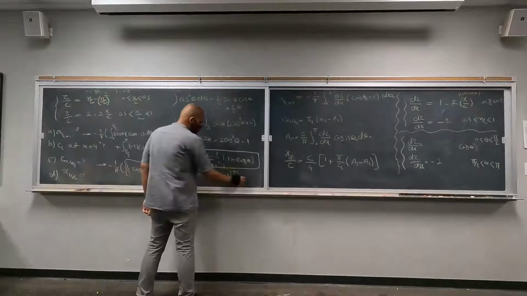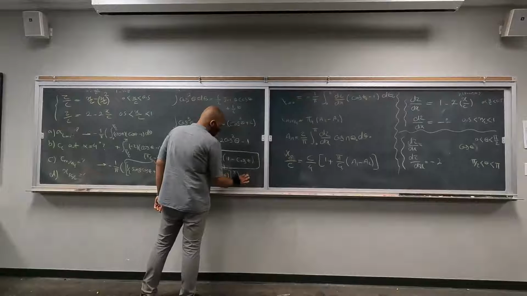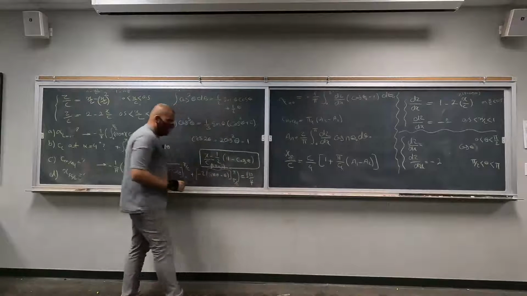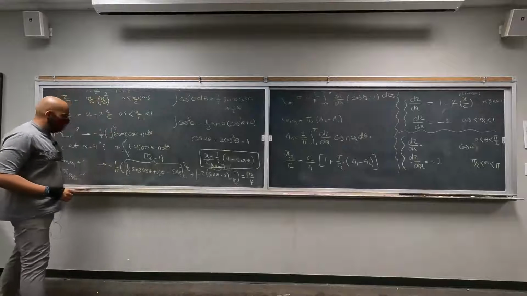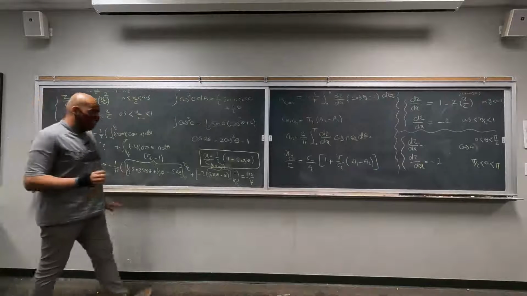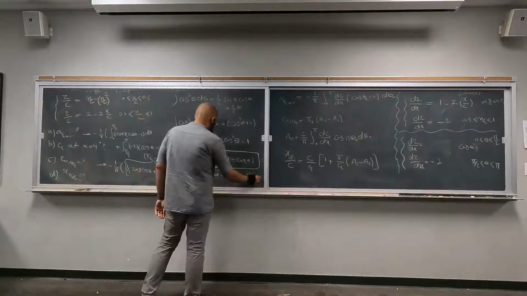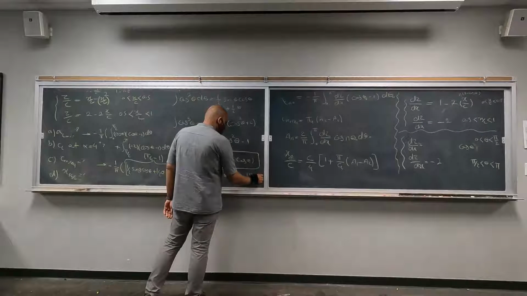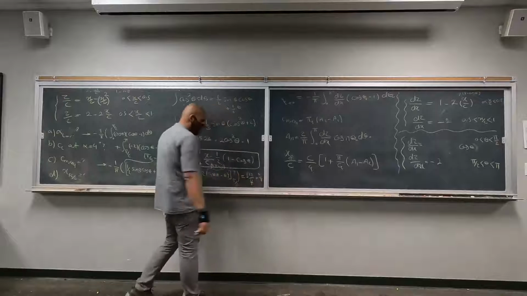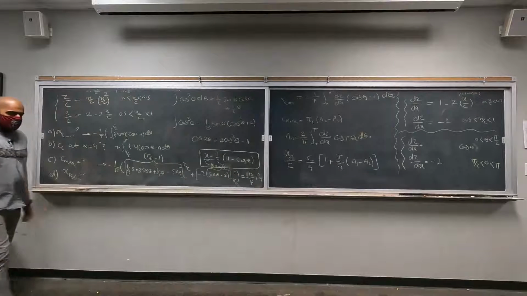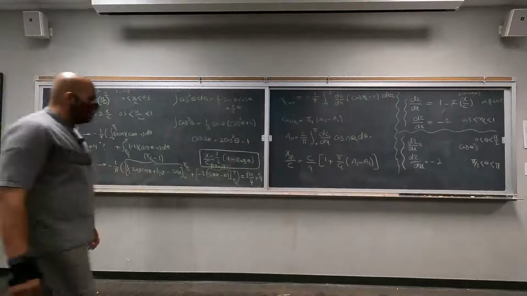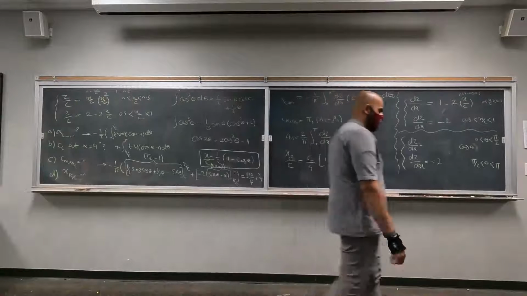Your alpha, your zeroth angle of attack, is going to be negative 13 over 4 plus 3 over pi. That will be the answer to the first part of the problem.